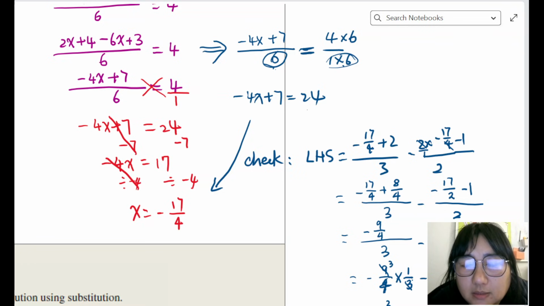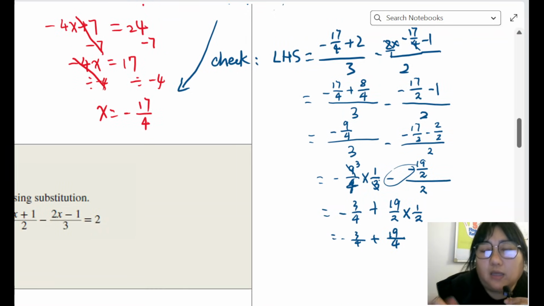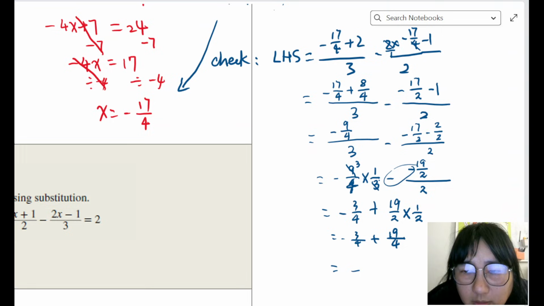And this one is negative and negative, so I get positive 19 over 2. So in the same way, divide by 2, and I can change to multiply by the flip, so that is half. So that will be negative 3 over 4, then plus 19 over 4. And now I will keep on simplifying. I have the same denominator, so I can add the numerators together.